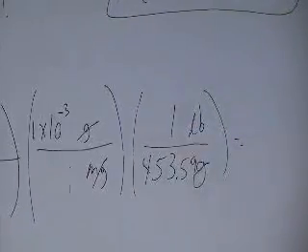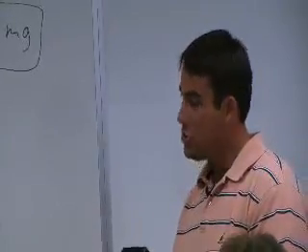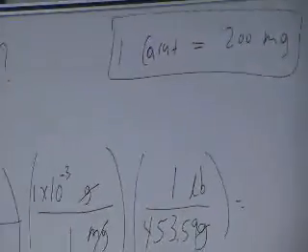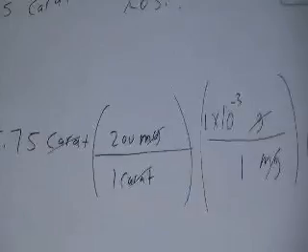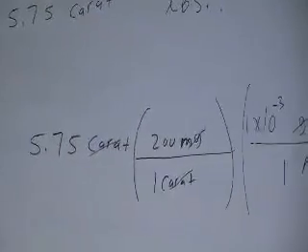453.59 grams in a pound. Have you located that? Okay, so are we there? We're there. Okay, so let's pull out our calculator and see what we get here. Okay, we're going to take 5.75 times 200 times 1 times 10 to the minus 3 divided by 453.59.